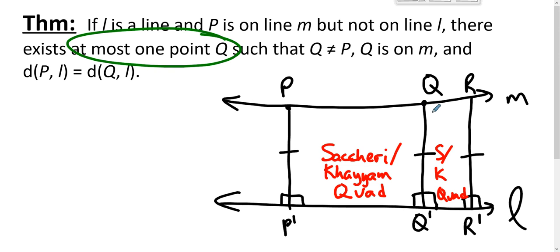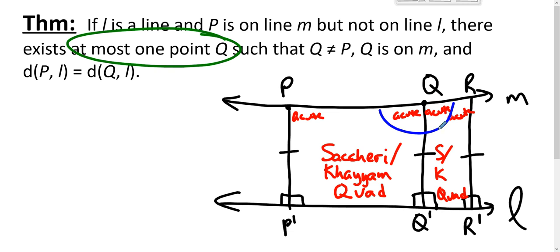Remember about the summit angles of a Saccheri quad. This is an acute angle, this is an acute angle, this is an acute angle, this is an acute angle. Oh, looky there. Angle PQQ prime is supplementary to angle RQQ prime, which means they both cannot be acute.